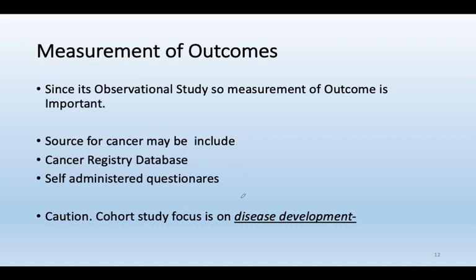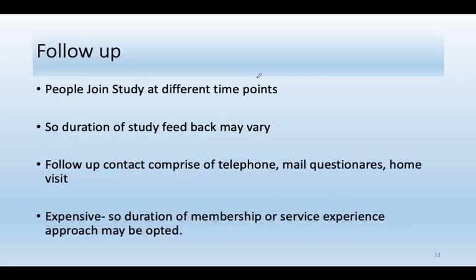And the caution is that the cohort study is focused on disease development. Now, disease development is a relative term. Disease development means that the clinically evident signs may be pronounced, and you can say that this patient is suffering from a particular disease, as in COVID yes or COVID no, once it is screened. So, evident signs are the indications of measurement of outcome.